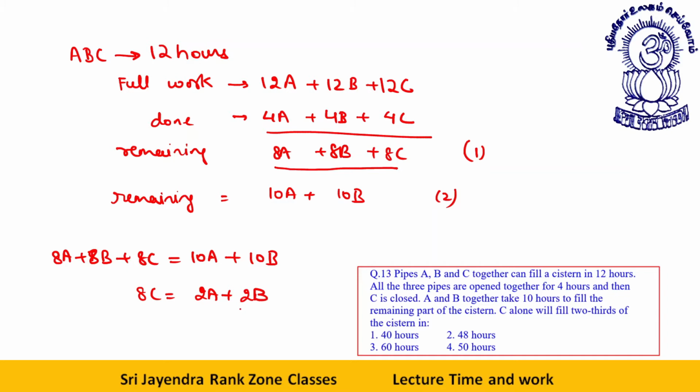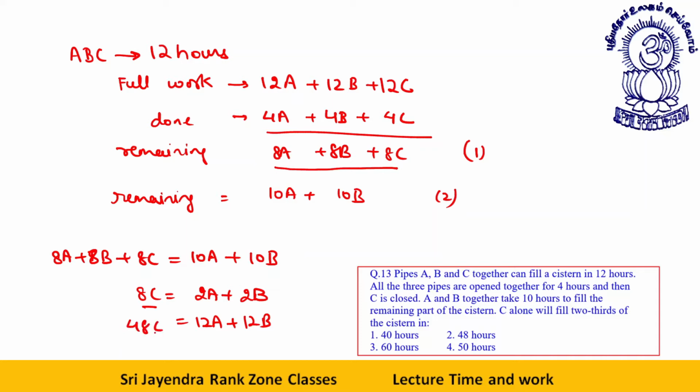See, now we have 2A plus 2B is equal to 8C. If 2A plus 2B is equal to 8C, then 12A plus 12B, I multiply this by 6, that will be 48C.